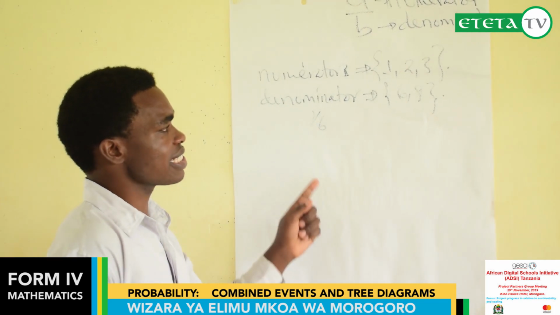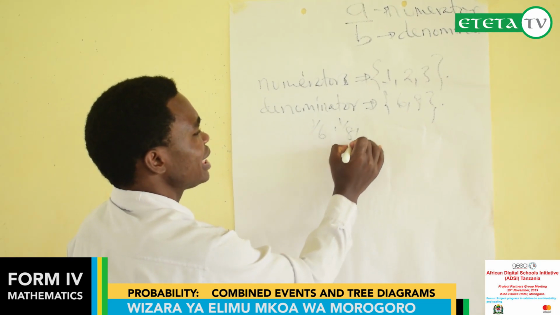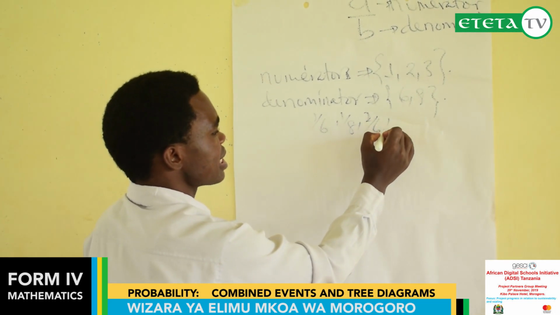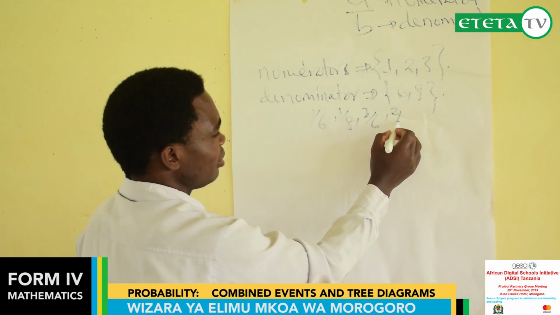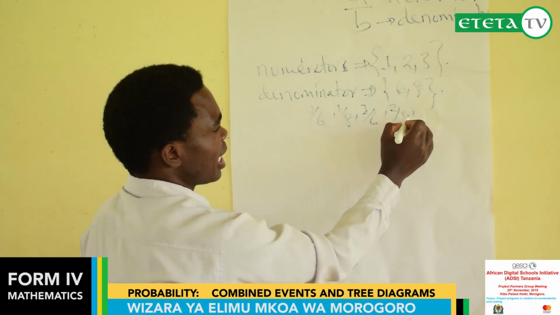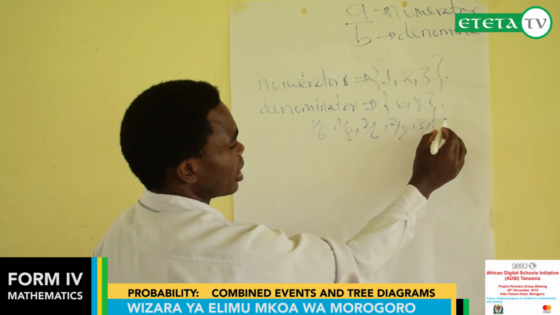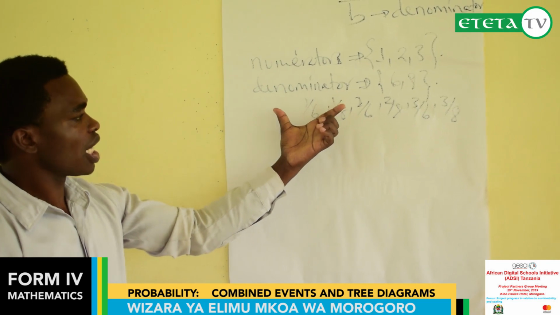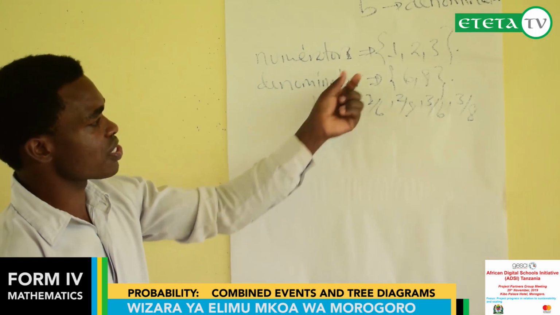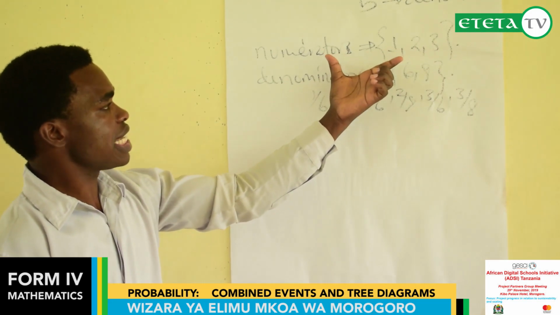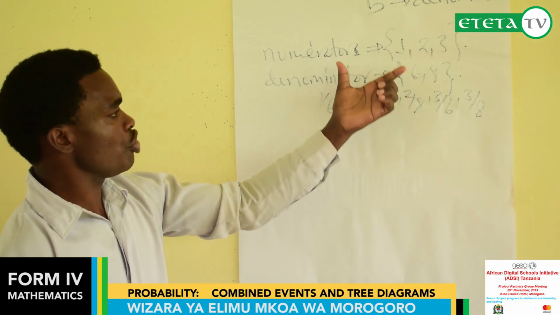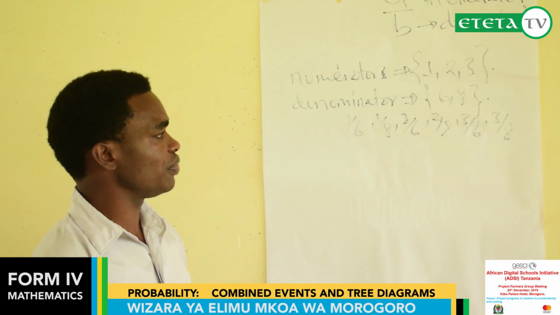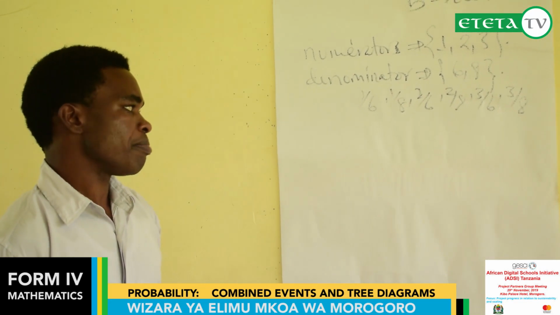So it can be 1/6, it can be 1/8, 2/6, and again 2/8. Similarly, it can be 3/6 and 3/8. I think these are the possible fractions that can be made using the digits from the set used for numerators and the second set, 6 and 8, used for the denominators.